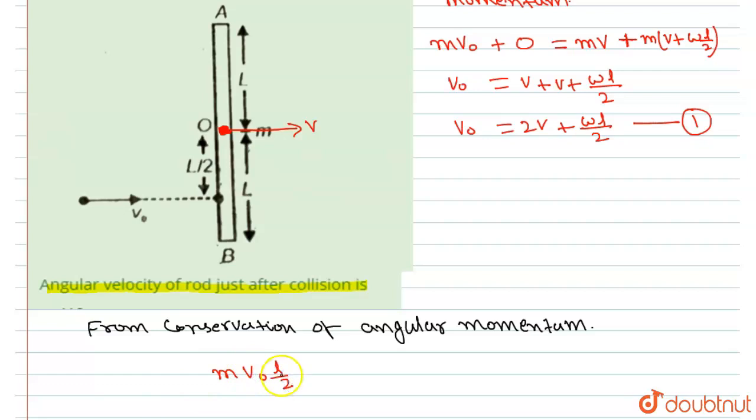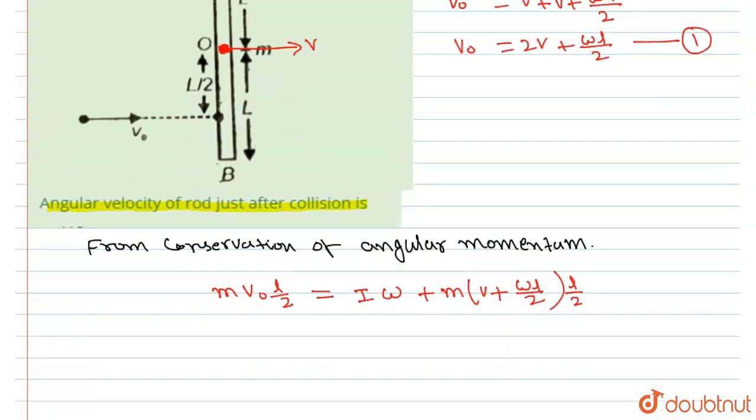The final is the angular momentum of the rod, I into omega, plus m into the velocity of the ball, V plus omega L divided by 2, into L by 2. Here I equals mL square divided by 12.